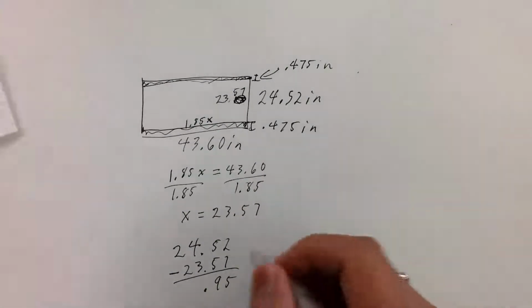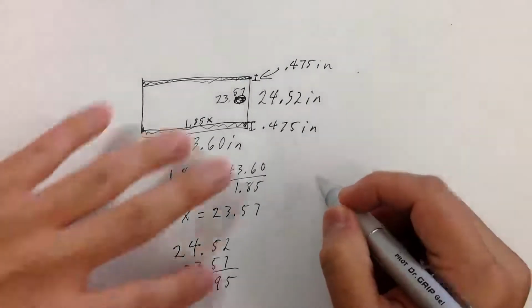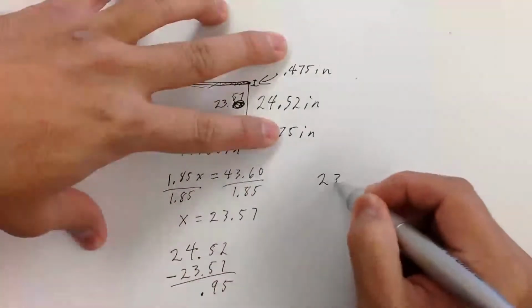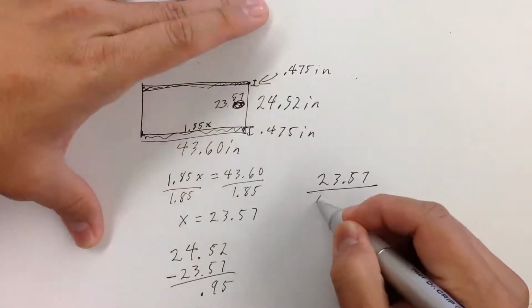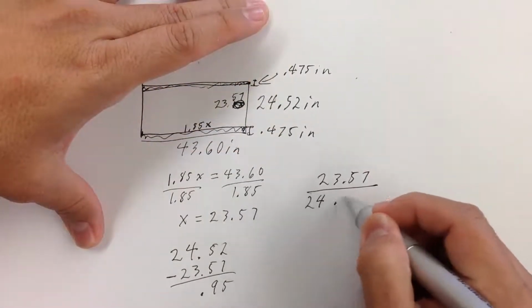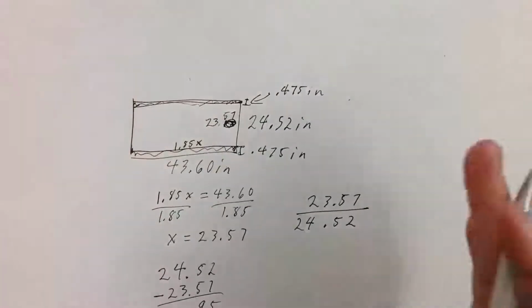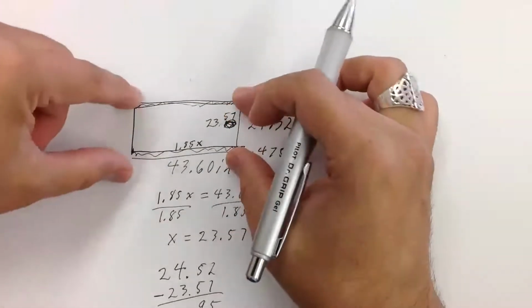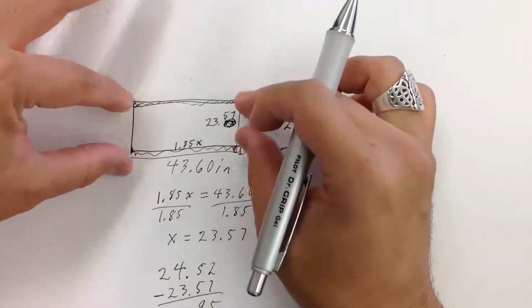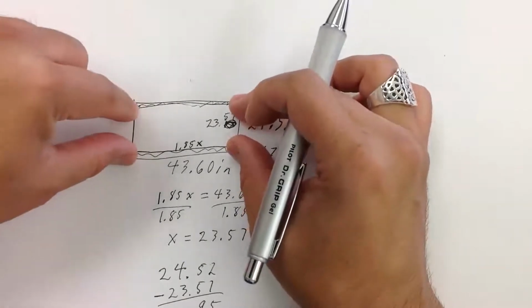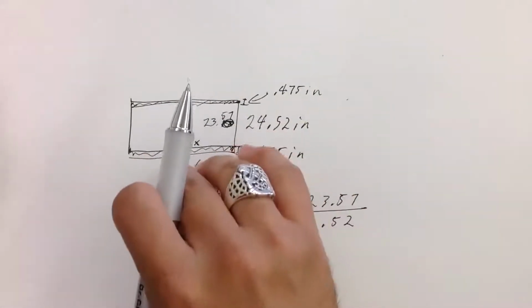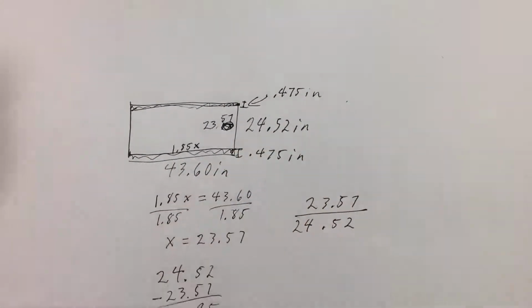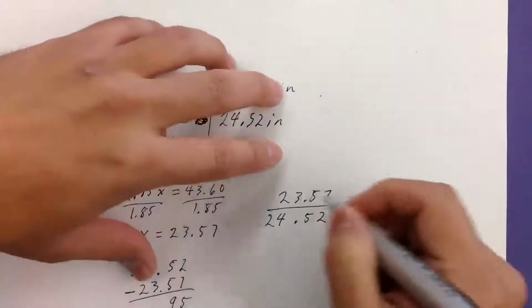So all we need to do is take 23.57 divided by 24.52. We could get the area of the entire screen divided by the area of the image, but your 43.60 inches is going to cancel out in the work, so why do it twice?